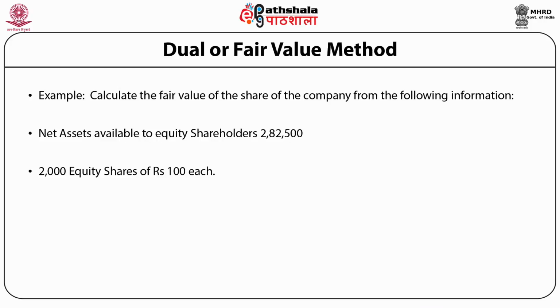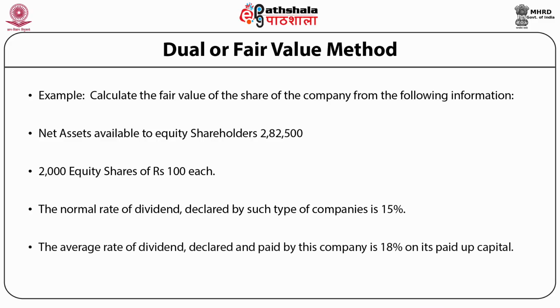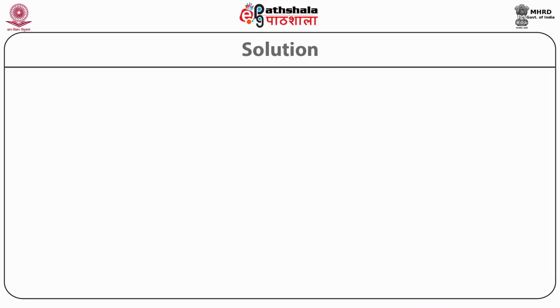The normal rate of dividend declared by such type of companies is 15%. 4. The average rate of dividend declared and paid by this company is 18% on its paid up capital. Now, solution to this problem.